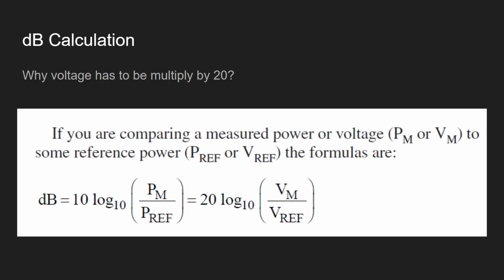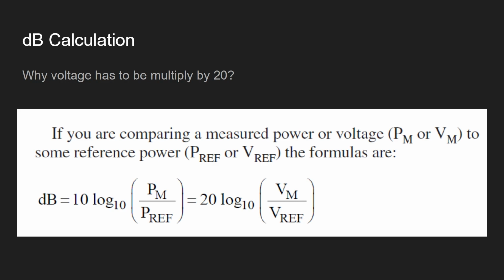If all the powers become V squared, then we get log 10 of V squared out over V squared in. Actually these two you can put in the front, so that's why you got 10 here, and that's why you got 20.